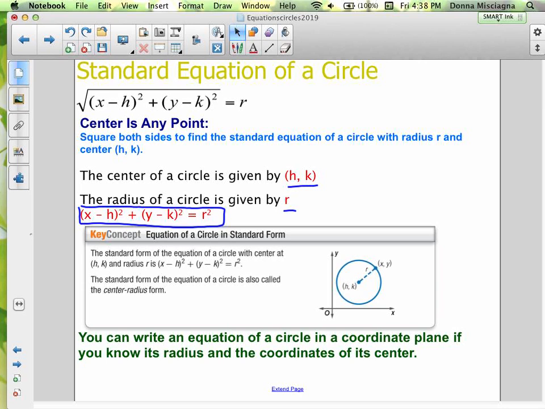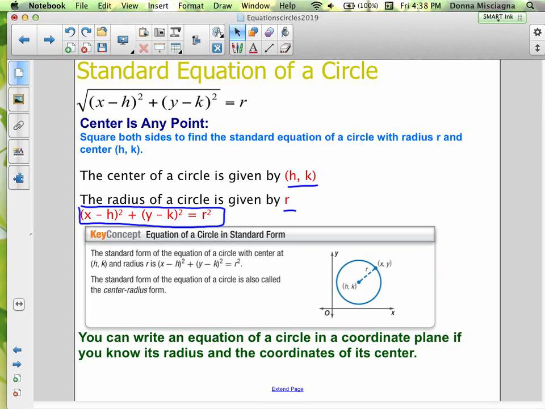So our equation is going to be, just like we saw on the other page, x minus h squared plus y minus k squared equals r squared, where h, k is the center and r is the radius. You also have this in your notes, that little box there.